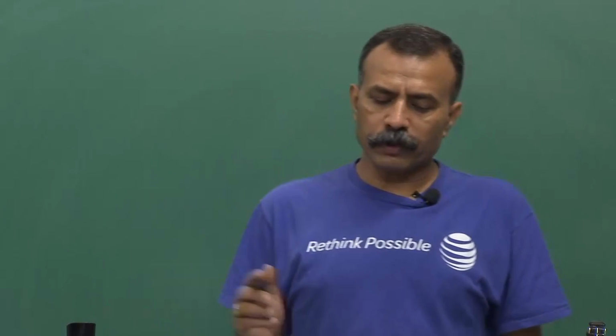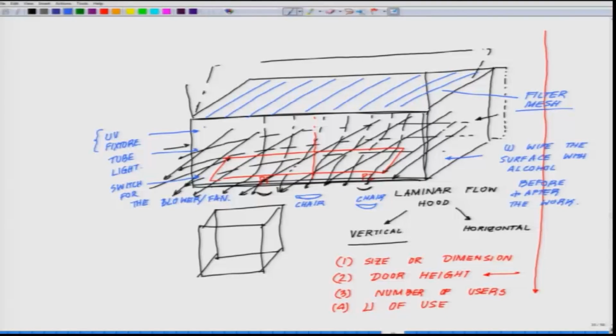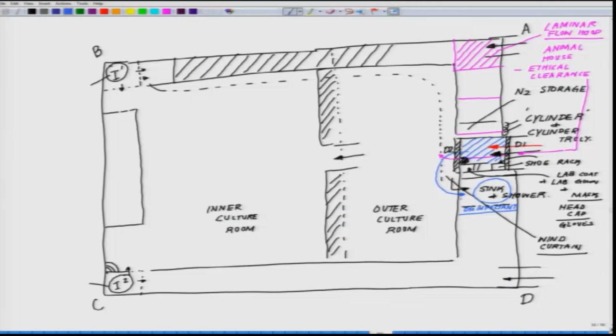Say, for example, this laminar flow hood where we started has to be kept for dissection. Coming back out in the facility, we decided that we wanted to put a laminar flow hood somewhere in this corner for dissection.